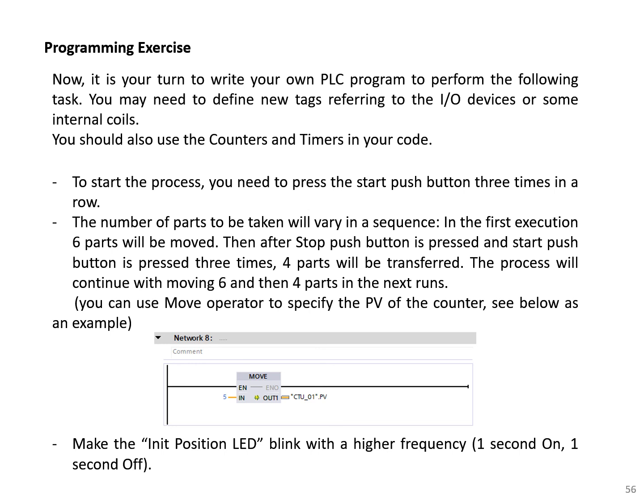Okay, so you may have 2 move boxes, one with 4 and the other one with 6 as input, and you need to enable them intervally to set the preset value of the timer. Make the initial position LED, which is the reset LED, blink with the higher frequency, 1 second on and 1 second off.